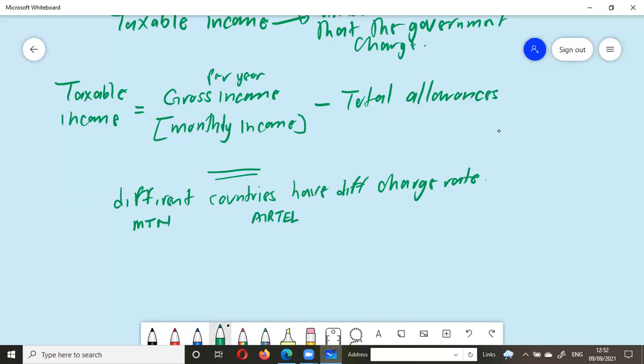If I'm going to withdraw maybe 200,000 on each, via MTN the taxes which are there, they will charge me maybe 5%. But on Airtel, they may charge me 3%. So it's not the same. They differ. You might find that maybe AfriSave is a bit less, maybe 1%. Depends. So every country will have a different charge rate for a given money.